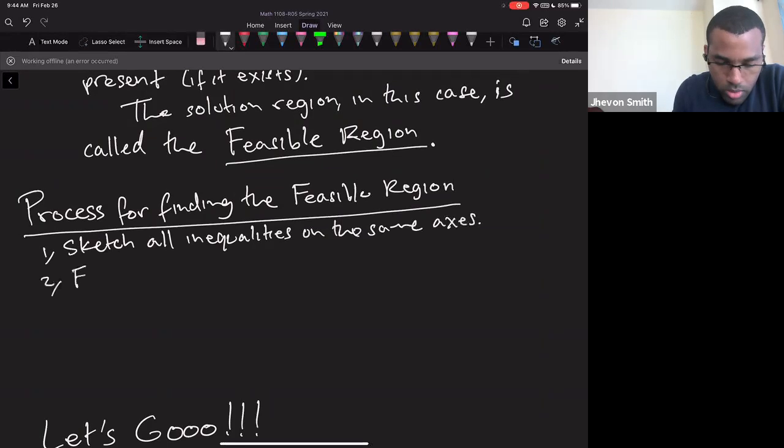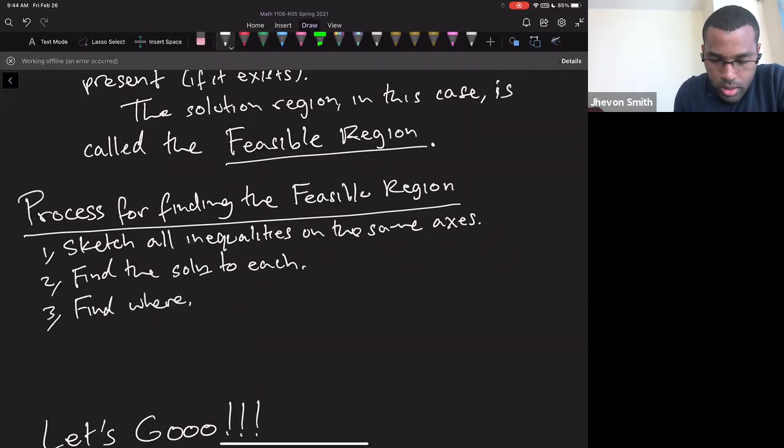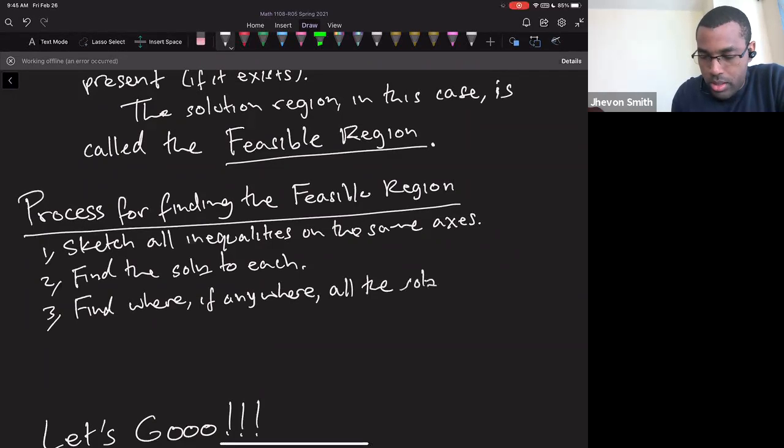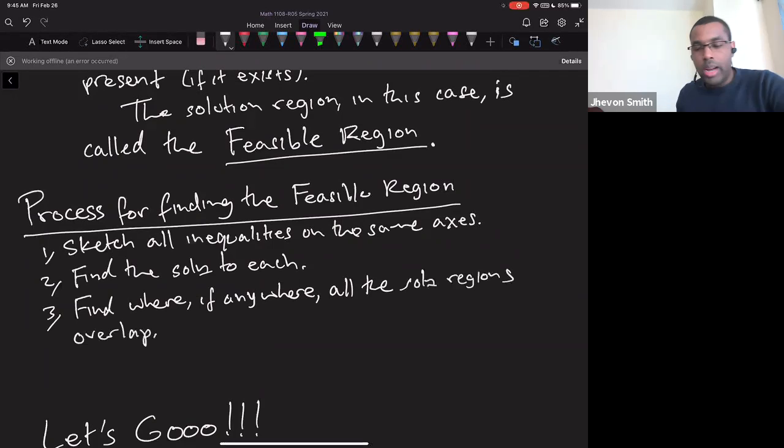Two, find the solution to each. Three, find where, if anywhere, all the solution regions overlap. And I'm going to tell you how to actually do that now.